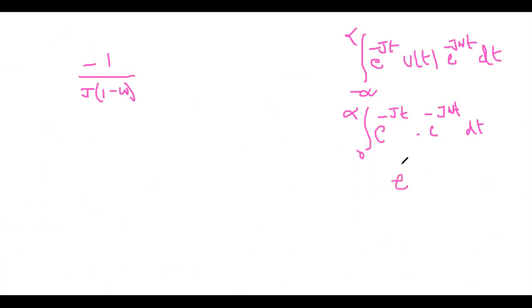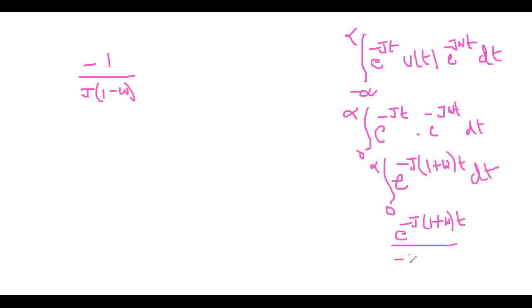So e power minus j, you can take as common 1 plus omega into t dt. There's the integral 0 to infinite. Apply the integral here: e power minus j 1 plus omega into t by minus j 1 plus omega, between infinite and 0.